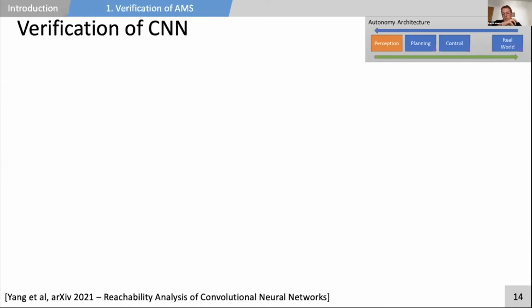So stability, safety, liveness properties. All of the standard things that we've been talking about for a long time in hybrid systems, those are still very interesting.